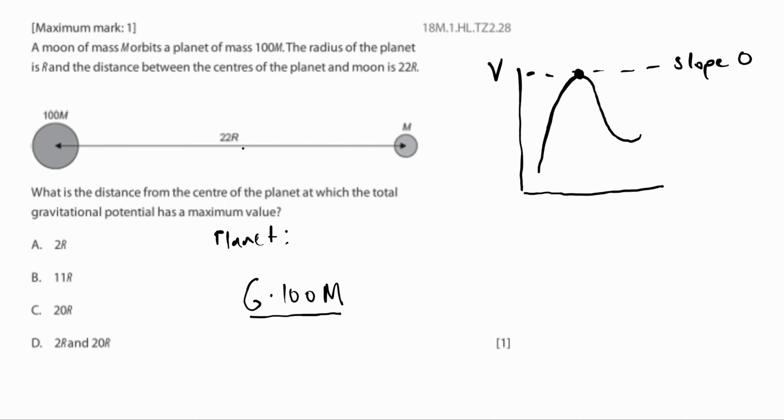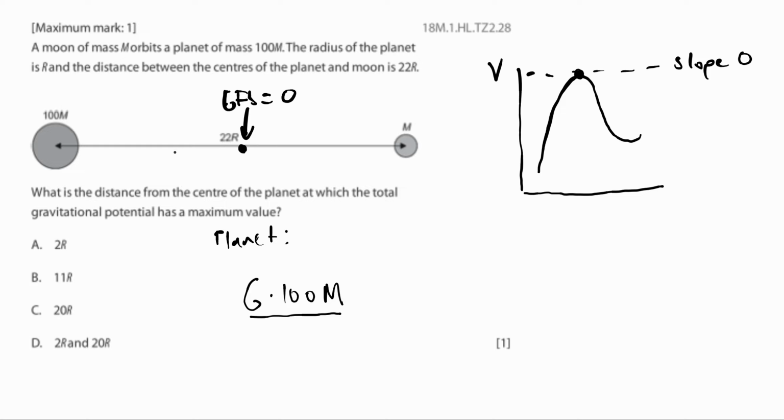So let's choose a random point between this 22r as, for example, this. And let's say this point is our gravitational field strength, GFS, equal to 0.